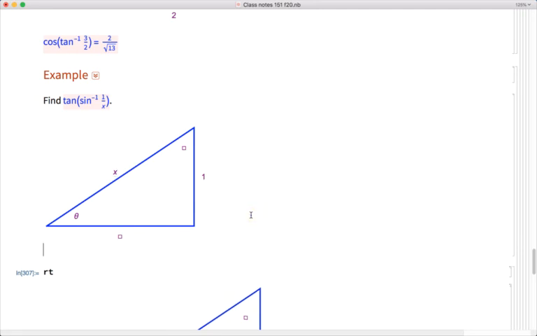We need to solve for the third side. So a squared plus 1 squared equals x squared. And from that we can get that a equals the square root of x squared minus 1. So that is what's going to go right here.